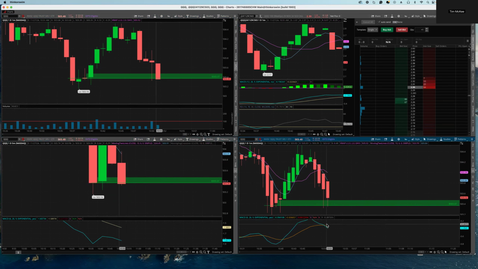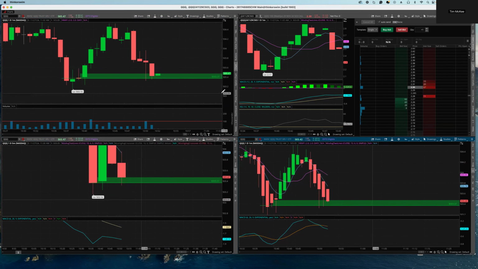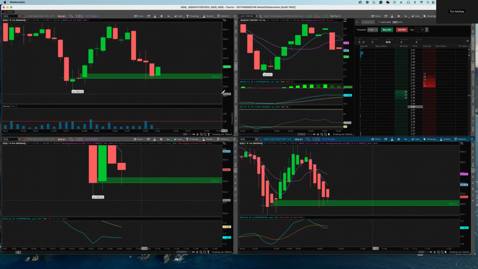Have recrossed on our MACD on our Heikin-Ashi. See if we're going to bounce off of the demand zone. That often happens. At least the first time it reconfirms a zone, it often will not go through.